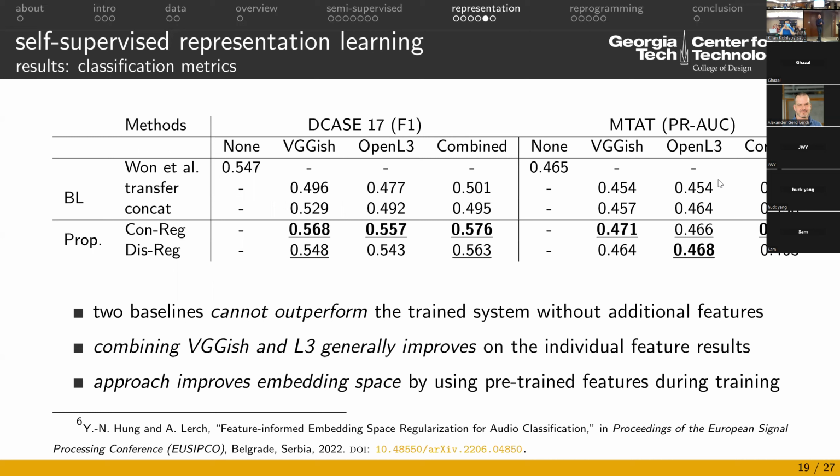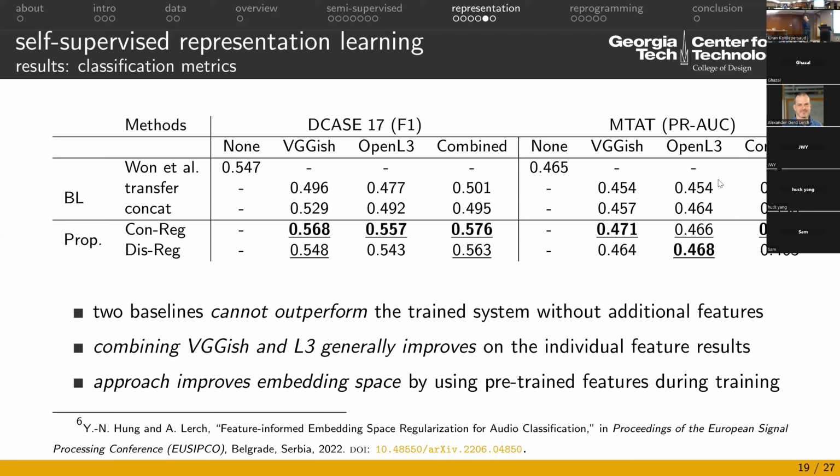Okay, so this is a table. Let me quickly unpack this. The first line here is, at that time, a recent publication on these two tasks, on these two data sets. So this is kind of the state of the art, more or less, around that time.